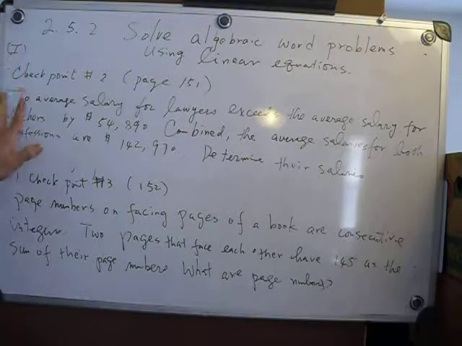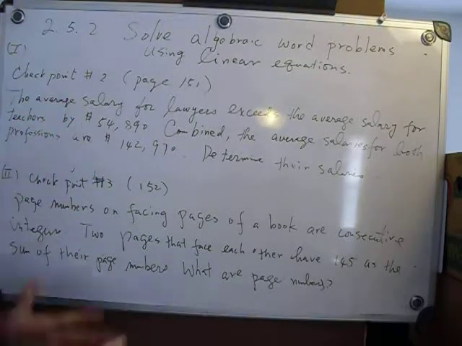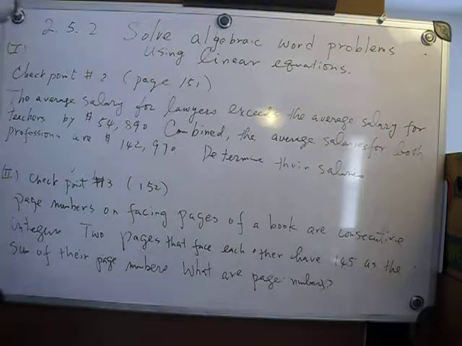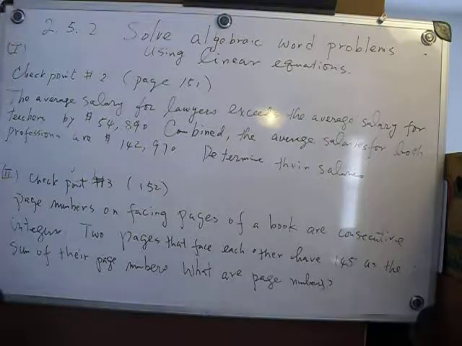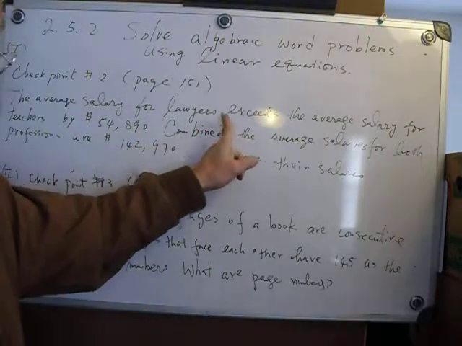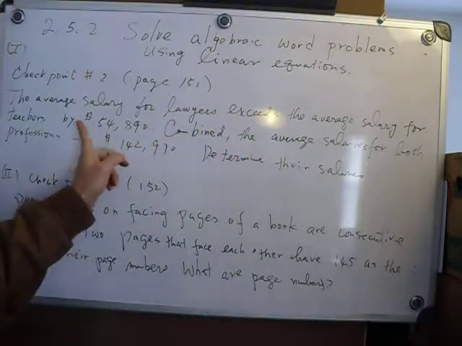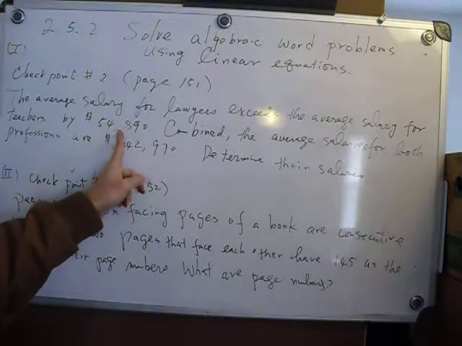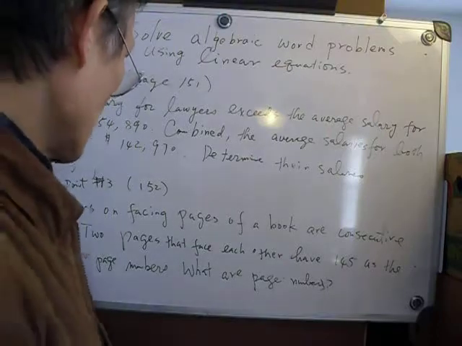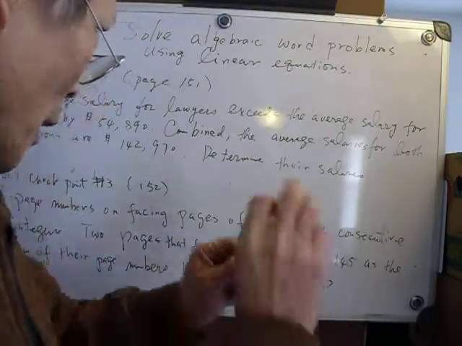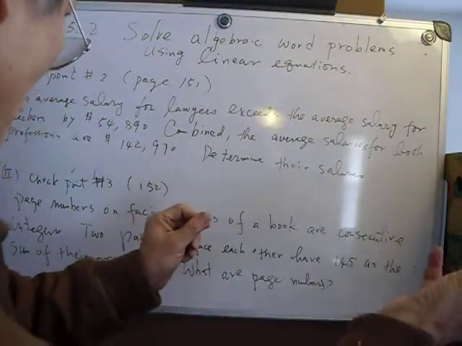The wording is slightly different from the textbook, but you can have your textbook on the table and look at it. The lawyer exceeds the elementary teacher by $54,890 annually. Okay, exceed is a keyword. That means more than that.